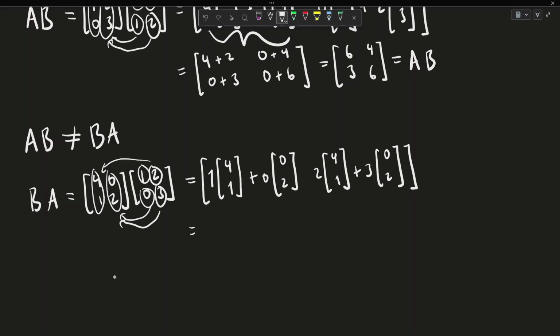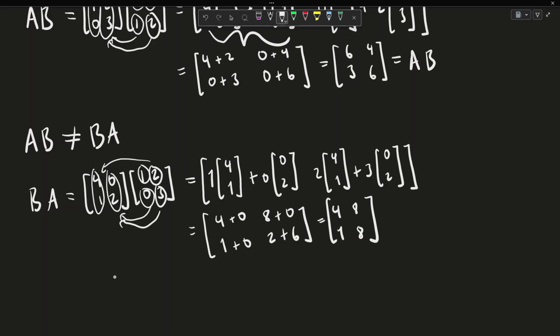From this we'd get 4 plus 0, 1 plus 0 as our first column, and we'd get 8 plus 0, 2 plus 6 as our second column, which yields 4, 8, 1, 8. And so as you can see, BA is not equal to AB.